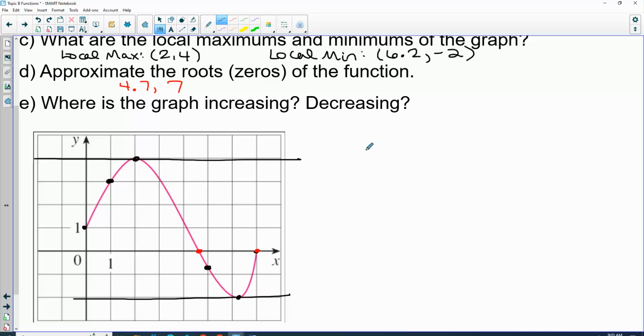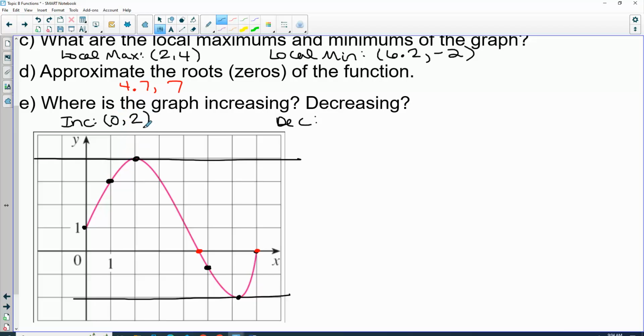Do you guys remember talking about increasing, decreasing, constant? So increasing is rising. You give an interval using the x values. Technically, at a point it's not going up or down, but you can really use brackets or parentheses interchangeably on these. So this first section of my graph, what is it doing? Rising or falling? Rising. So I'm going to say starting at 0 until I get to 2.